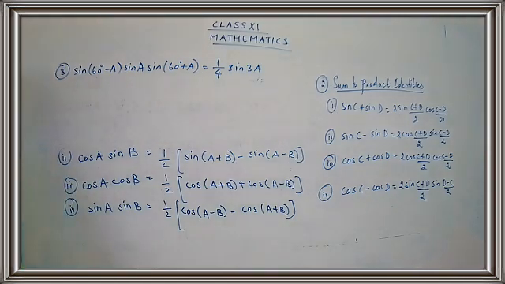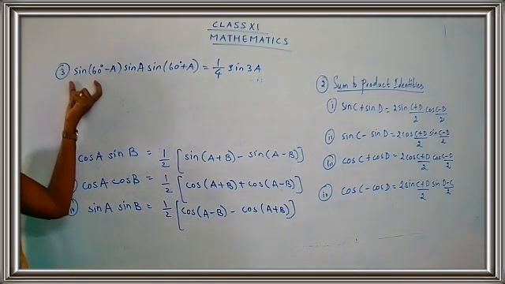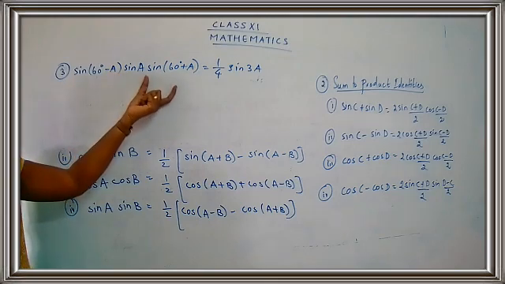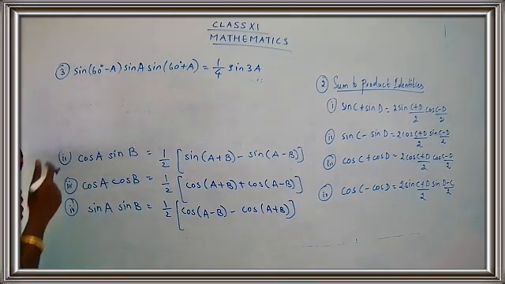We use this identity when we solve the sum. So when you have sine (60 minus A), sine A, sine (60 plus A), what is the formula? It is 1 by 4 sine 3A.